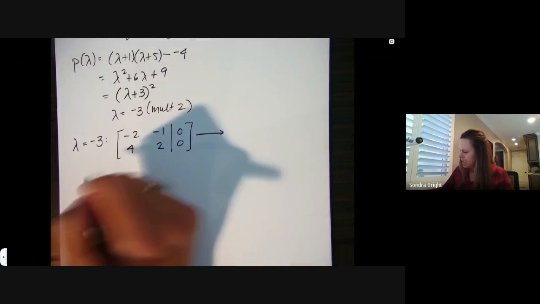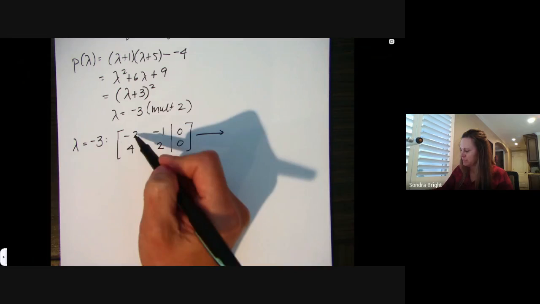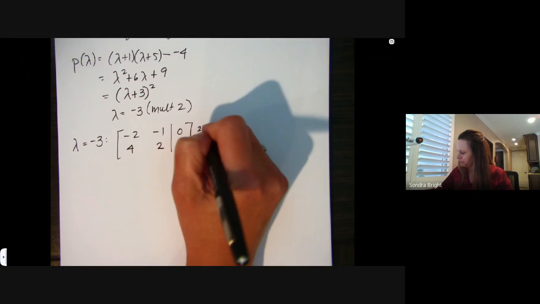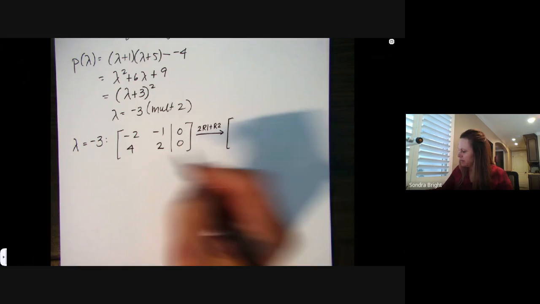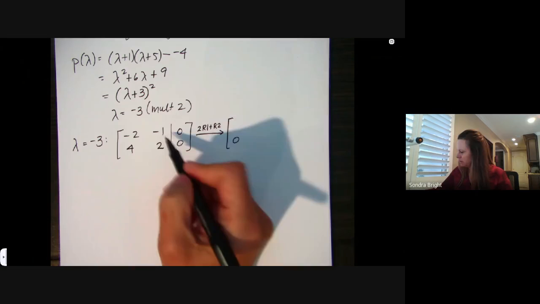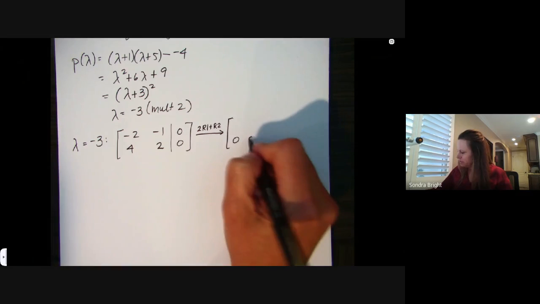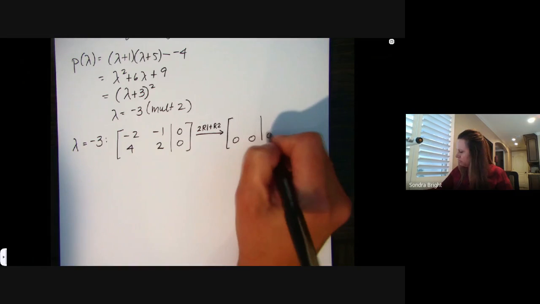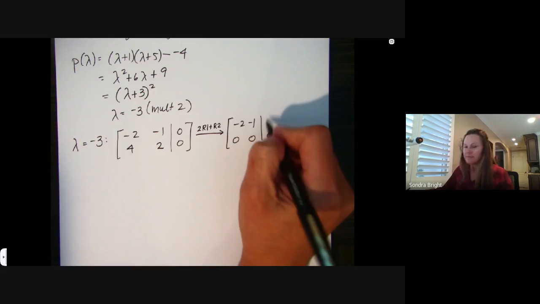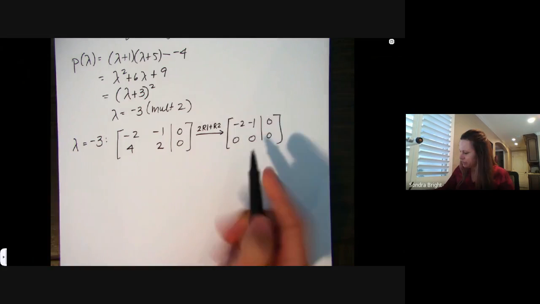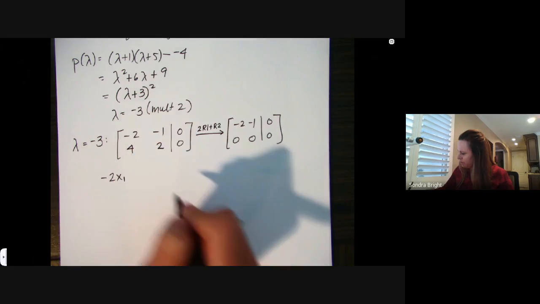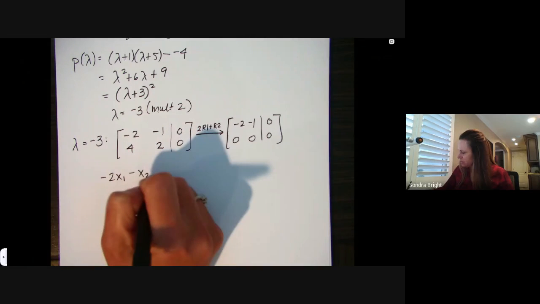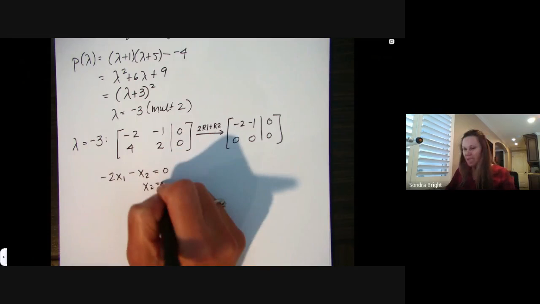I want to turn this into a 0. So 2 times row 1 plus row 2 would give me a negative 4 plus 4, negative 2 plus 2, and then a 0 plus 0. So that means my first row is still a negative 2, negative 1, 0. This row 1 says negative 2x1 minus 1x2 is equal to 0, which means x2 is equal to negative 2x1.